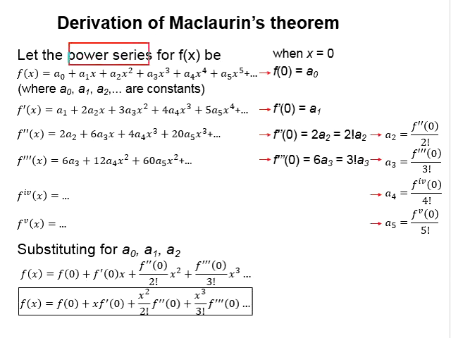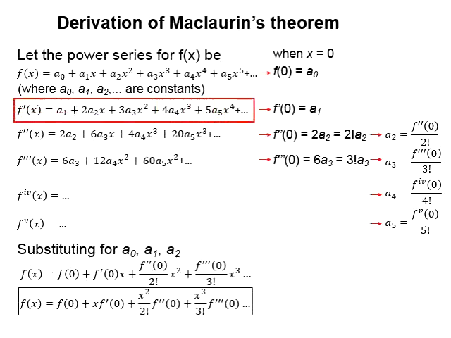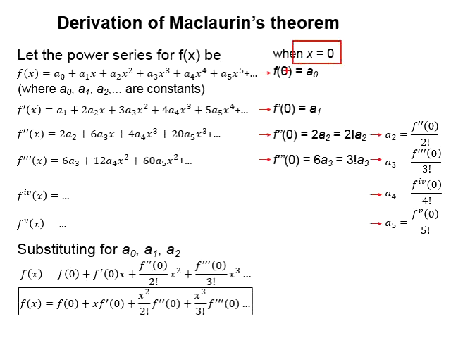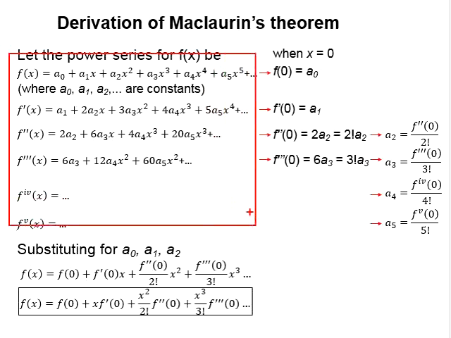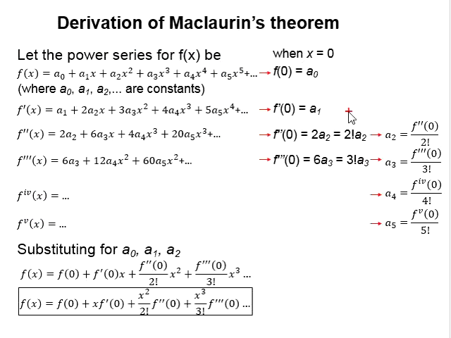Given a power series of x here, you can differentiate the power series level by level, and when you substitute x equals 0 into all the power series which you have derived earlier on, you will get this.